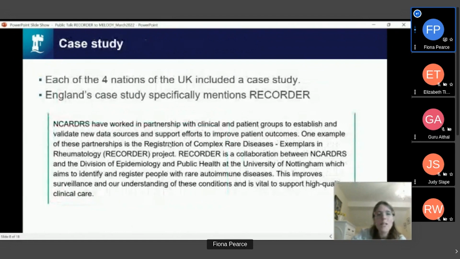And I'm really proud that our research in Nottingham was included in the policy document. Here we are: the registration of complex rare diseases, exemplars in rheumatology, the Recorder project, is mentioned specifically as one of the case studies for England of work that's going on to support the framework. It's a collaboration between NCARD and the University of Nottingham.